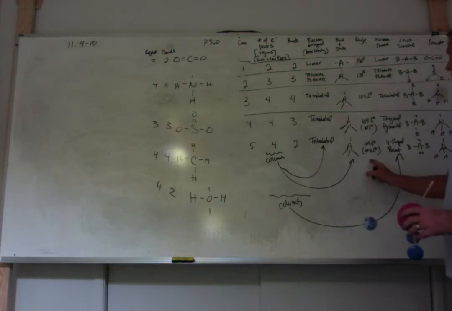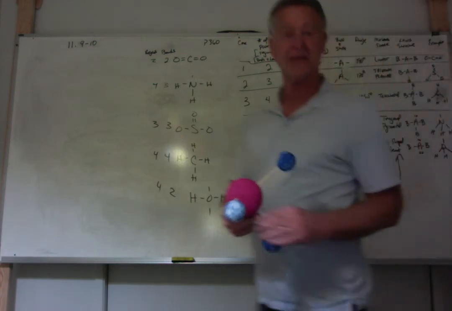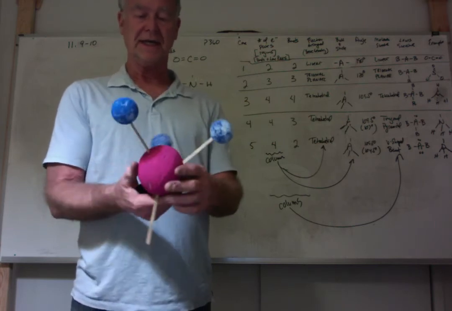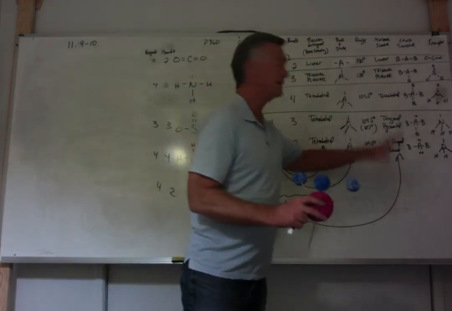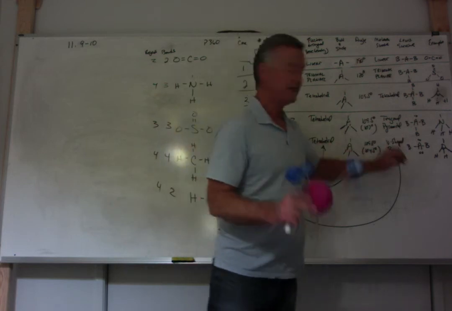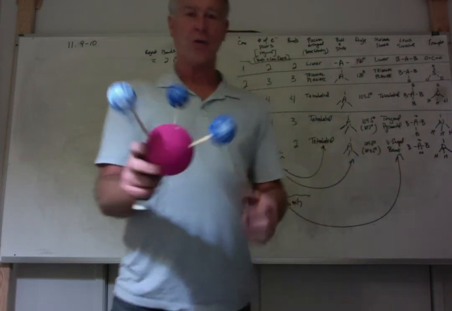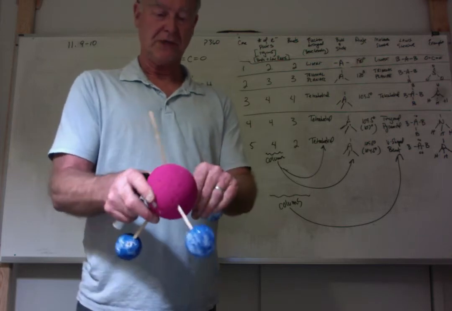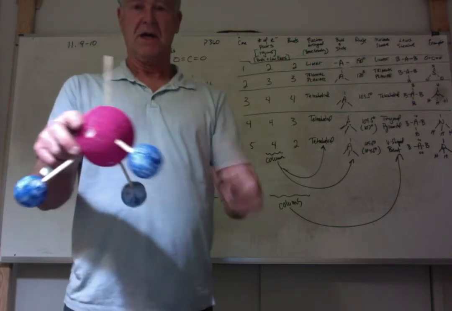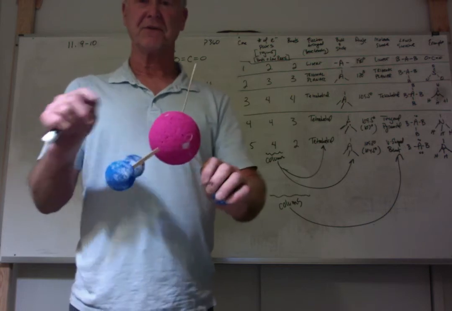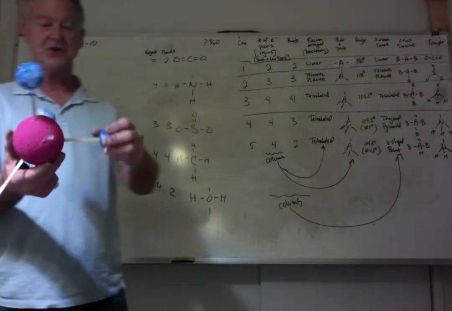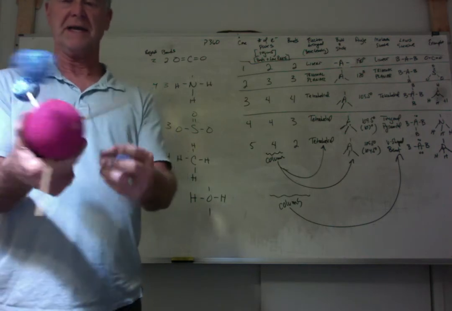And then finally, we have what is called the bent molecule, excuse me, not linear, bent or V-shaped. If I take a water molecule, it has 4 regions, but it only has 2 bonds on it.